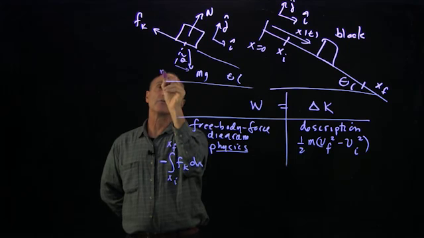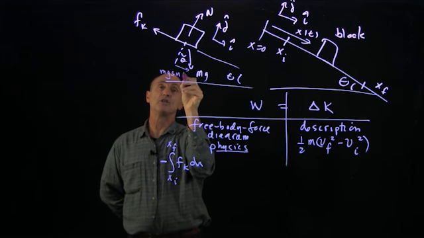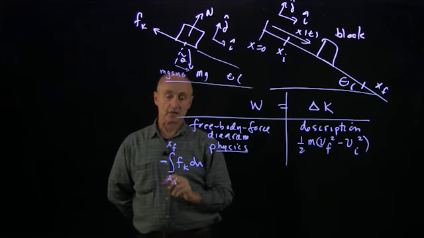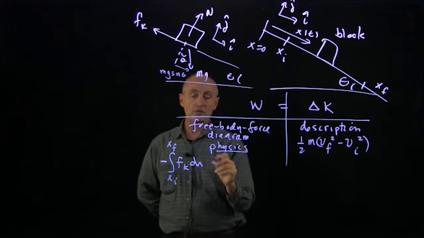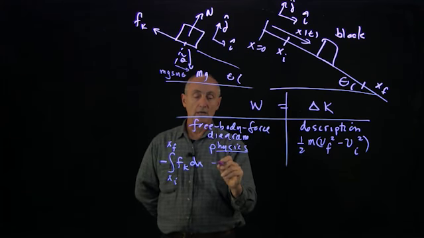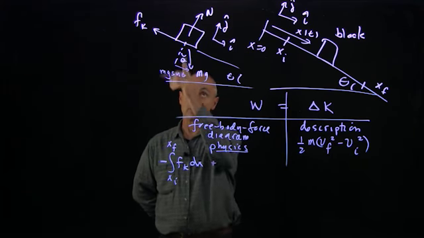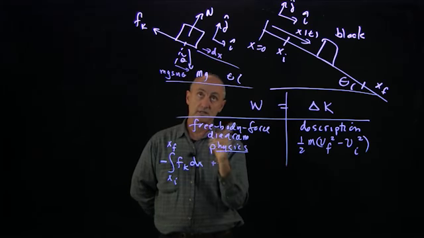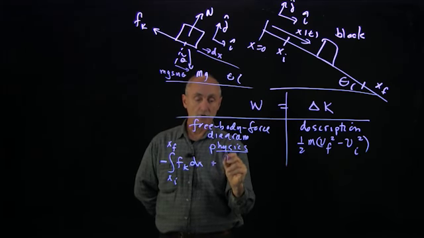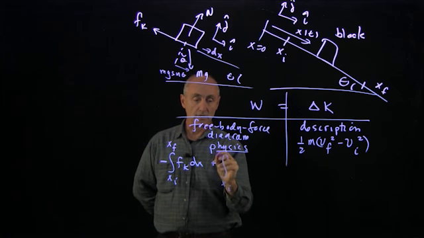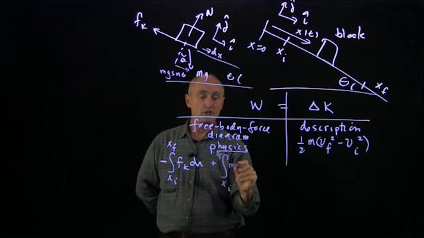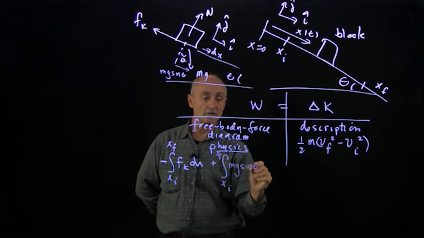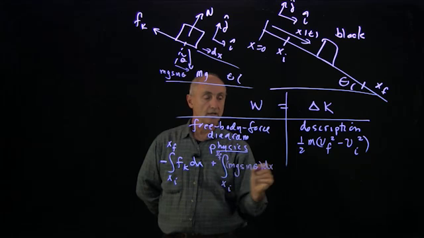Well, the gravitational force has a component mg sine theta in the x direction. So when we integrate that x component, we have now plus, because it's in the same direction. Remember, we're displacing a little bit dx down the inclined plane. So we're going from x initial to x final of mg sine theta, which is a constant, dx.